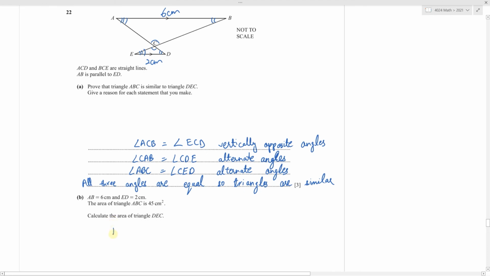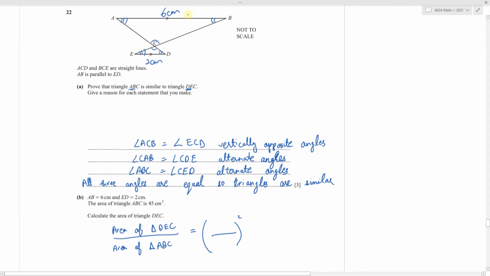So what I mean is, area of triangle DEC over area of triangle ABC will equal the square of the ratio of two corresponding sides. So what are the two corresponding sides that we can take? These are AB, and the corresponding side is DE.